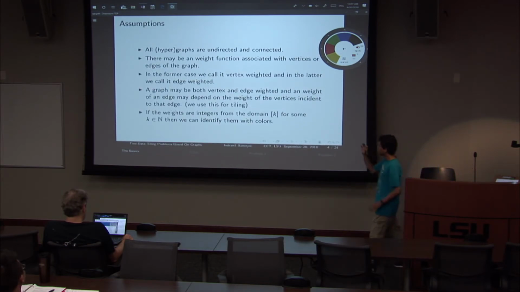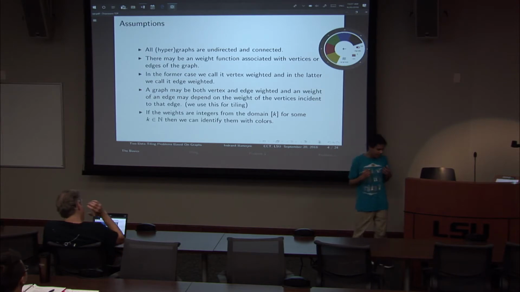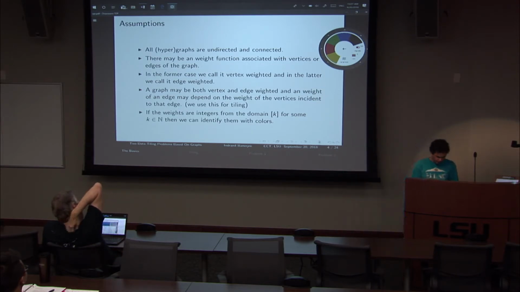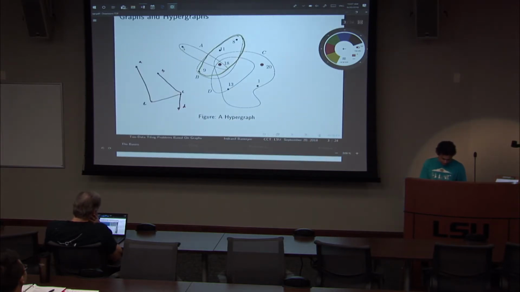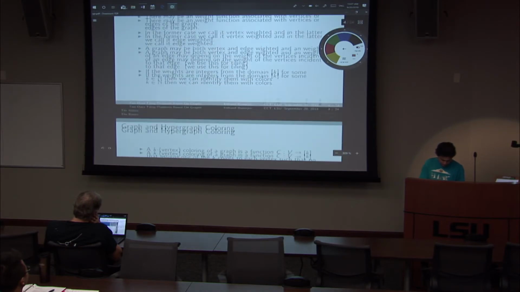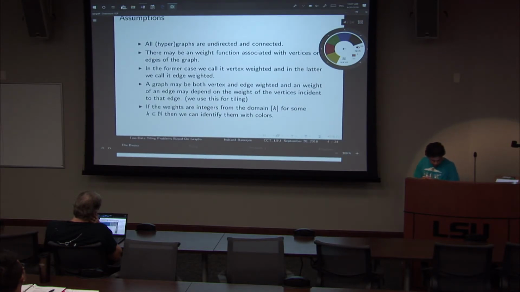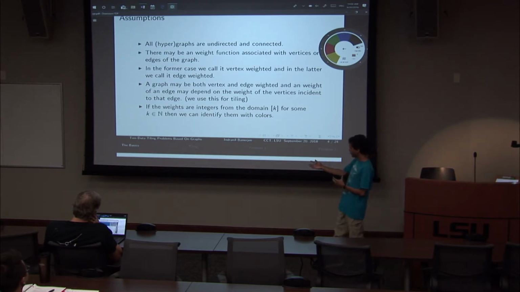For each vertex, we can have a weight function associated with it. So it's like a weighted graph. In this example, I put integer weights on the vertices. I can put weights on the edges. And a graph may be both vertex and edge weighted.